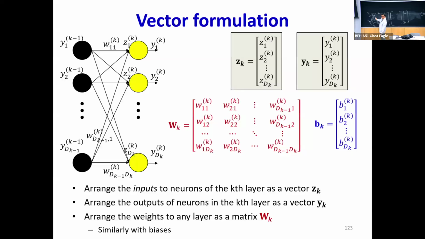So this is w11, w12, w1n. So the second row is going to be the set of weights going into the second neuron. Yes? Maybe w21 instead of 1, 2. Thank you. You're right. w21, right?